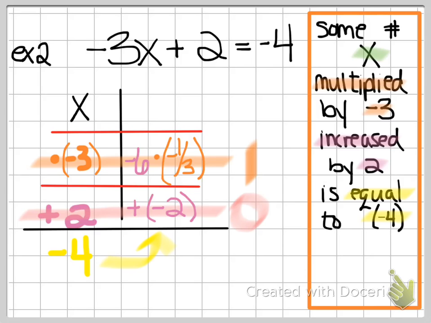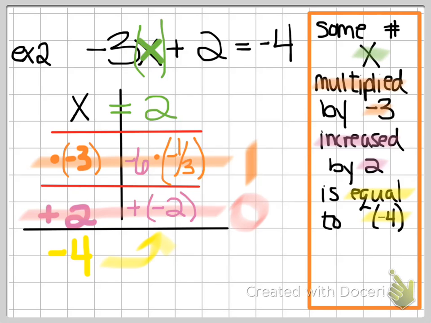I'm going to multiply by the inverse of -3, which is -1/3. And when I go back through the story, -4 plus 2 more negatives, which is -6, multiplied by a -1/3, we get our answer to be 2.